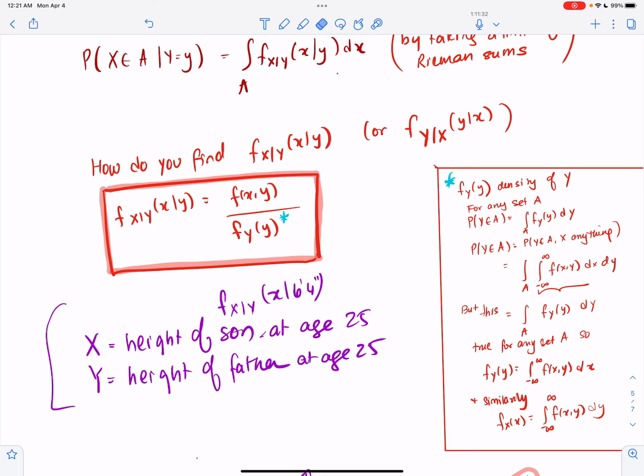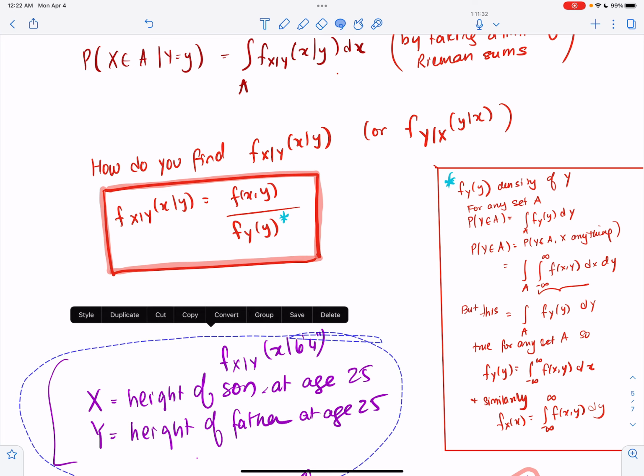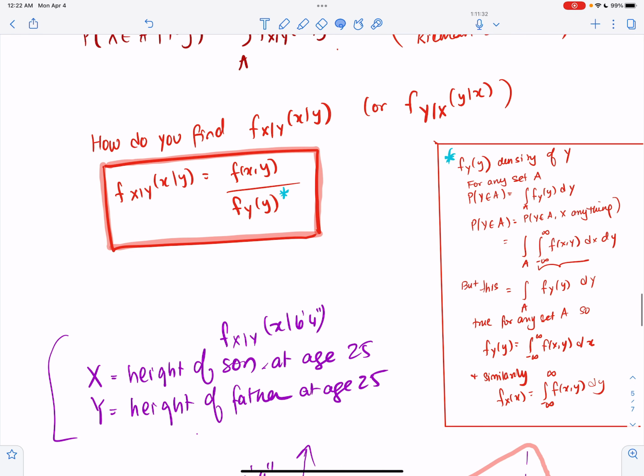Okay, so how do you find this? Well, you will take the joint density function and divide it by the density of y. What is this?